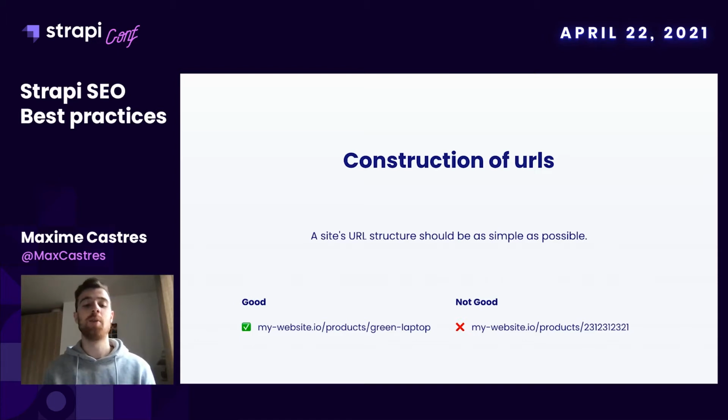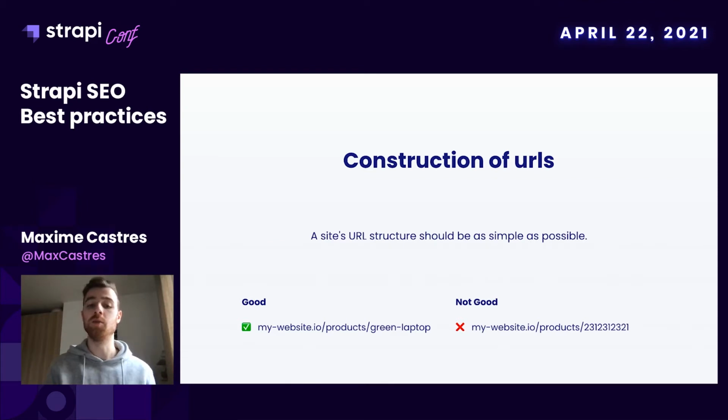For the first one, a site's URL structure should definitely be as simple as possible. On your right side, this is something that is not okay to do, because if you want to list products on your website, you don't want to use the ID for creating their pages. Here, it is really hard for users and search engines to understand what this page is about.